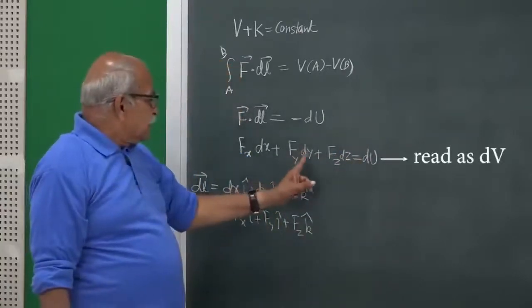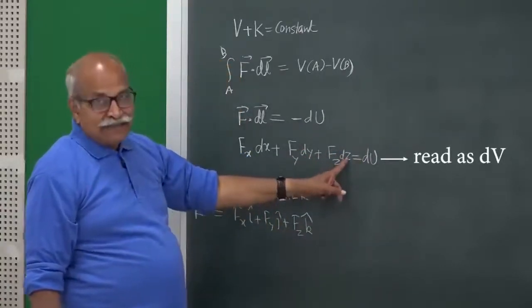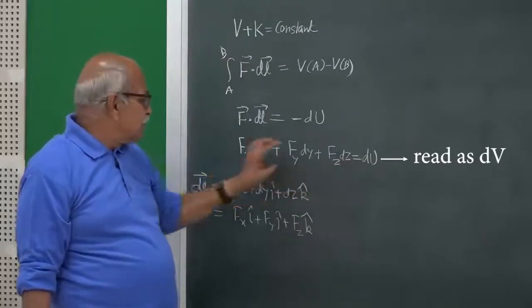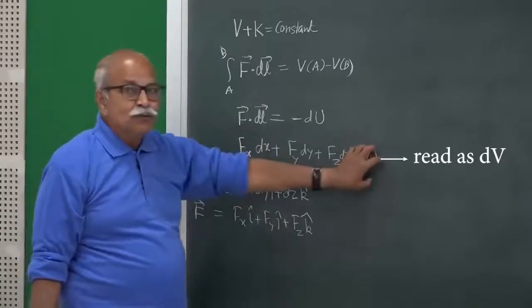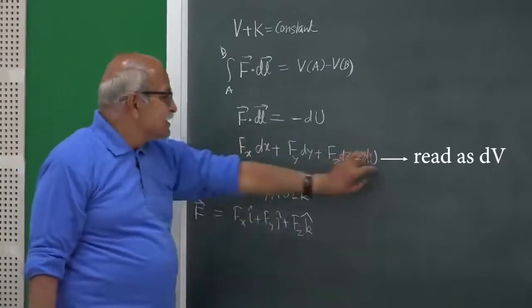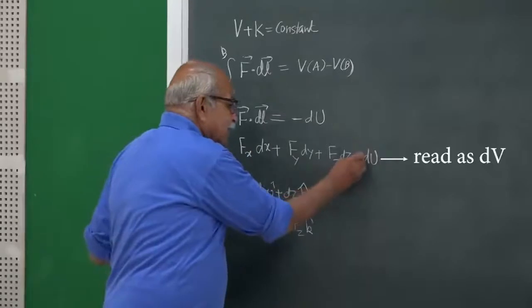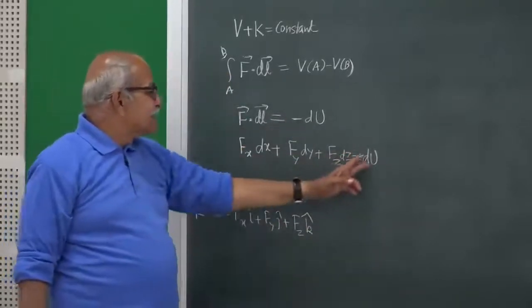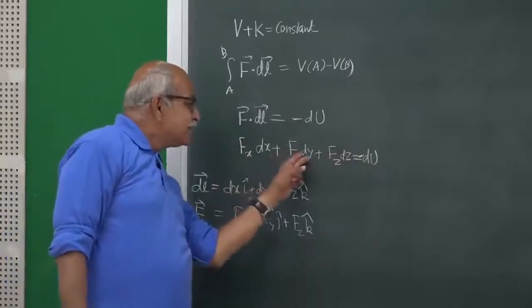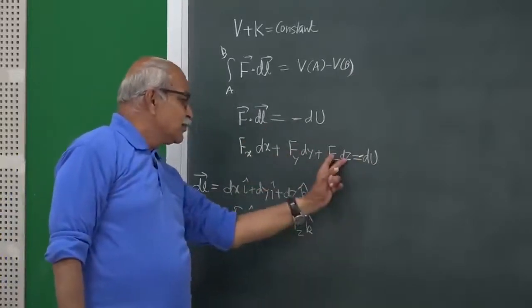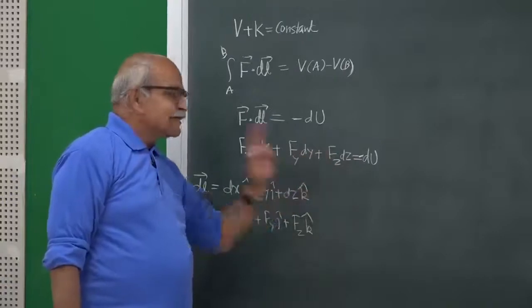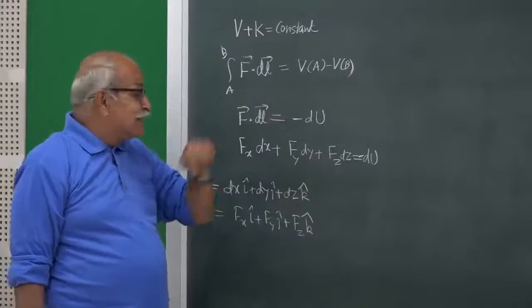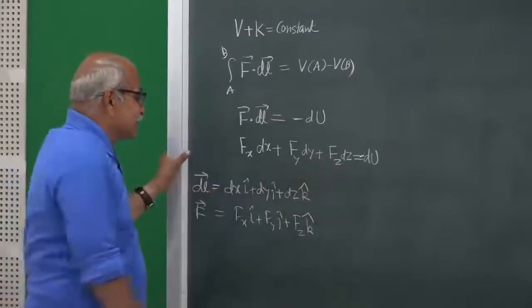Now, if you take y and z as constant, which do not change, only x changes, then you have Fx dx is equal to dV. That means Fx is minus dV by dx, provided dy is 0, provided dz is 0, y is constant, z is constant, and that is the partial derivative of V with respect to x.